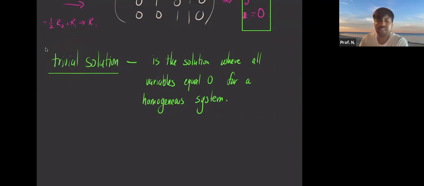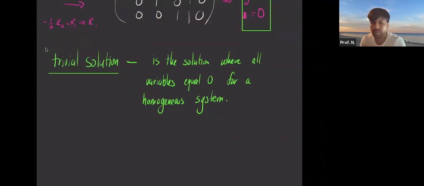But not every homogeneous system has only the trivial solution. So let me say that again. The trivial solution works for every homogeneous system. It's trivial because it always will work. It's like the usual suspect.